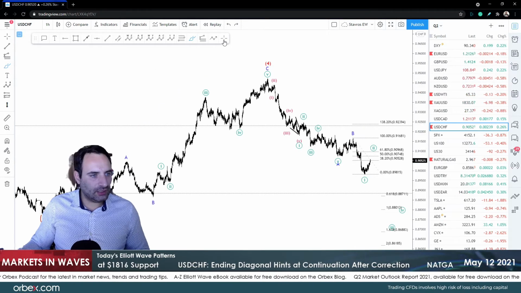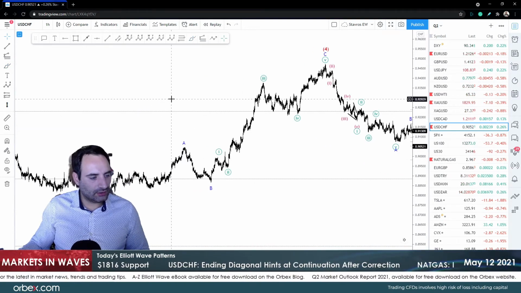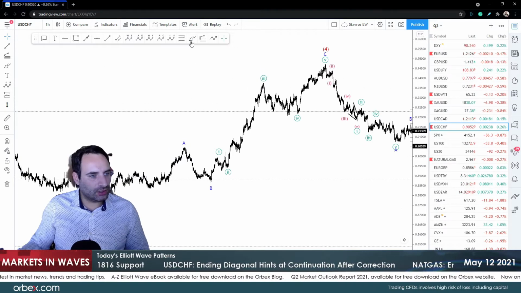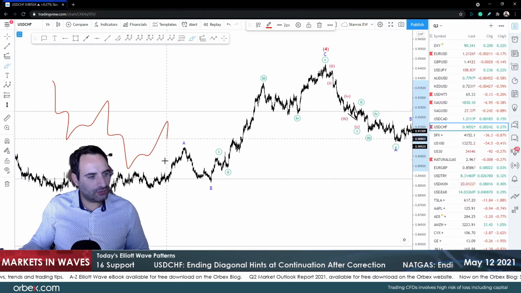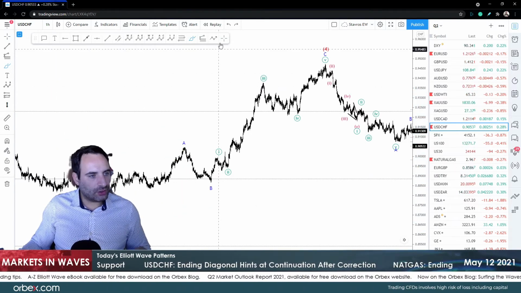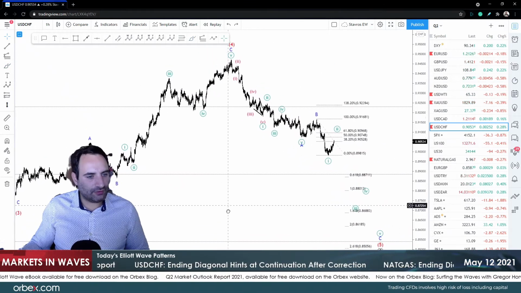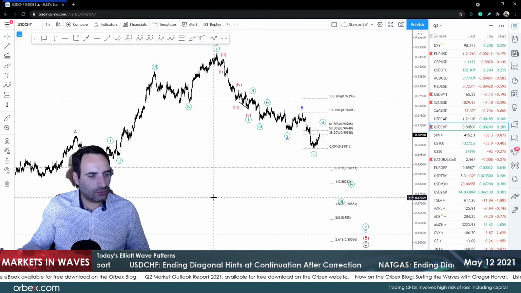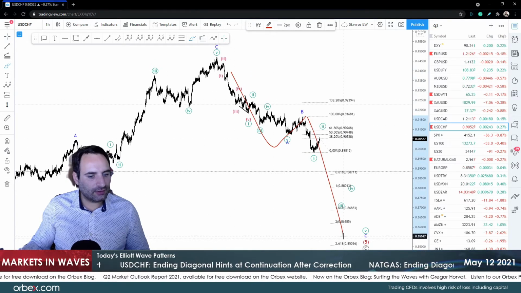But I had a look at the long-term structure again, and it looks to me that this is 1, 2, 3, 4, and 5, like an ending diagonal. So I am expecting another leg down in wave 5, and that is going to be, of course, coming in an ABC format, right?